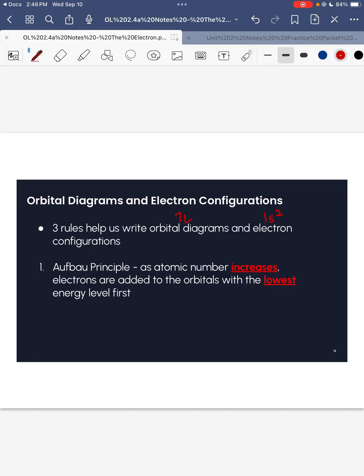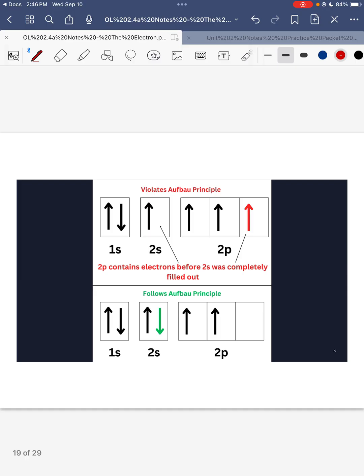Kind of like how pigs won't go up the stairs unless they have to. So what that looks like is up here, we've violated the Aufbau principle because this energy level isn't full yet, but we went ahead and filled in an electron here. So this up here is wrong.